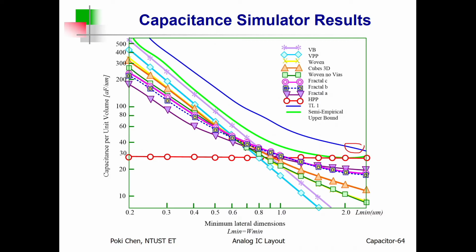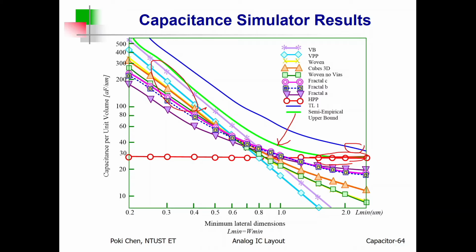And then how about the semi-empirical upper bound? That is the green line here. Oh, you can see some capacitor is very close to such kind of semi-empirical upper bound, and the other one is very close here.